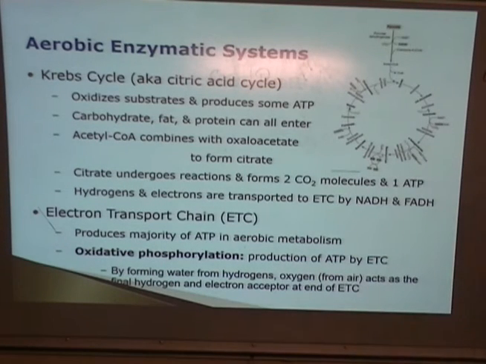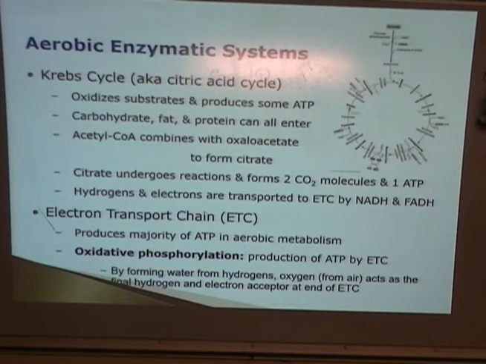So acetyl-CoA is the common denominator. Doesn't matter which substrate we're going to use. Okay? Once we have acetyl-CoA, acetyl-CoA can feed into Krebs cycle. Okay? Now, remember the carbon issue? Number of carbons in the molecule, all right?